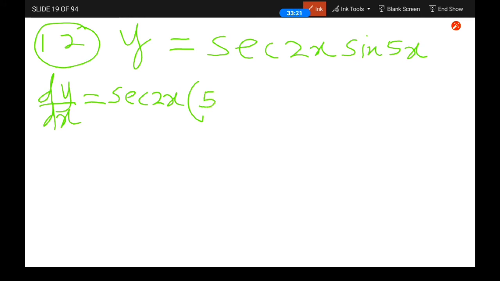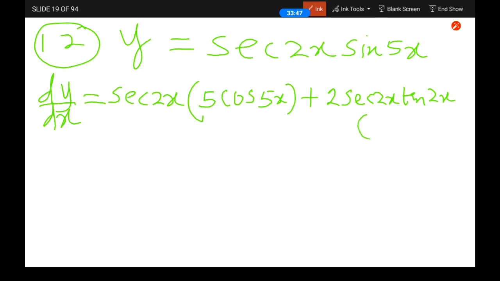Remember, 5. Differentiate sine, cos. Then we have 5x. Good. Plus, differentiate this now. Leave your sine. Differentiate sec. What are we going to get? Sec x tan x. Good. That will be sec 2x tan 2x, right?